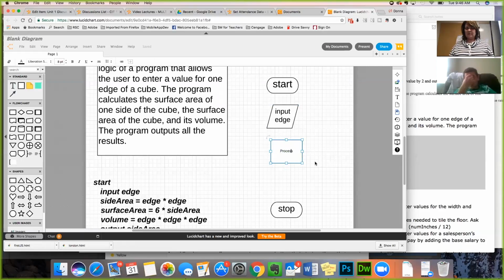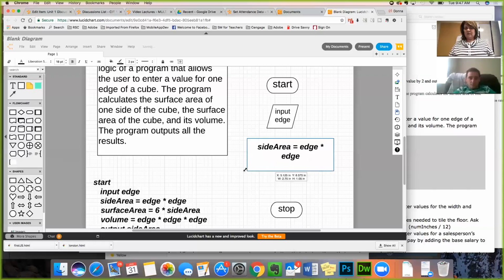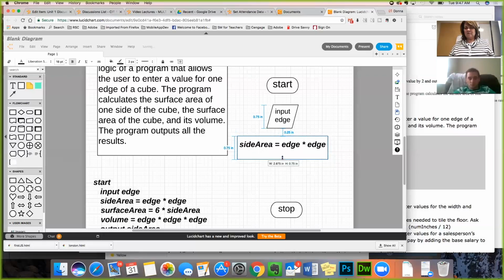All right, so this one I'm just going to, because I don't want to type, put it right here. If I can get this to move right. And let me get it a little bigger here. You can have it all on one line, but sometimes you gotta squish everything together.